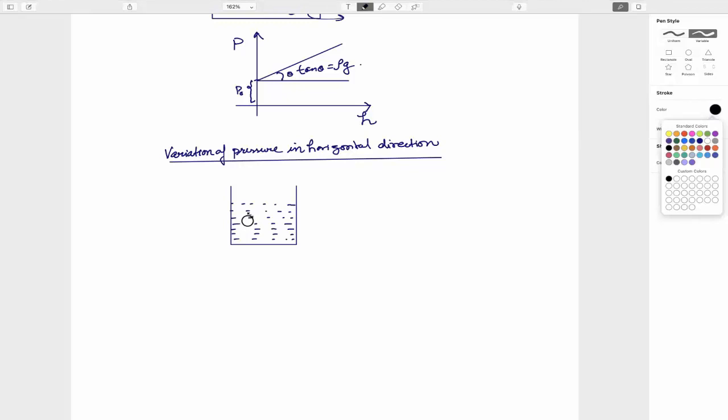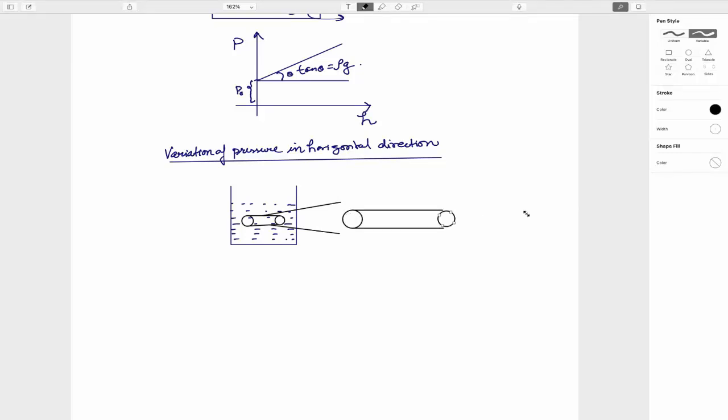And now, because we want to see the horizontal variation of pressure in the fluid statics, we are considering again a cylindrical element in the horizontal direction. If you zoom it out, then it will be like this.